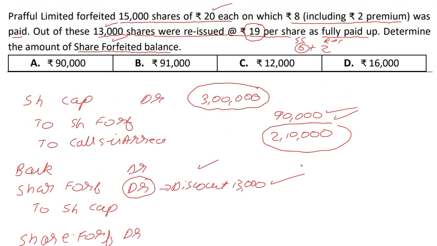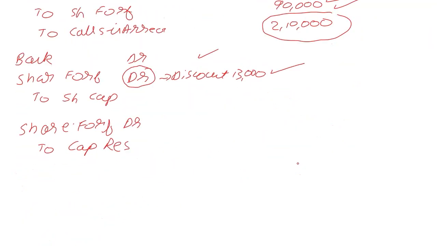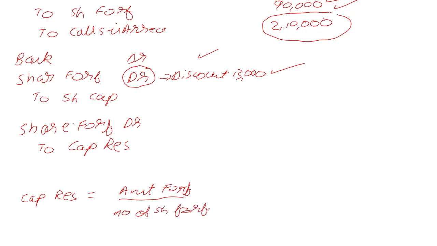How much do we transfer to capital reserve? We have a formula for that, and I'm going to write it down. Your capital reserve is equal to amount forfeited upon number of shares forfeited, minus discount, into number of shares reissued.